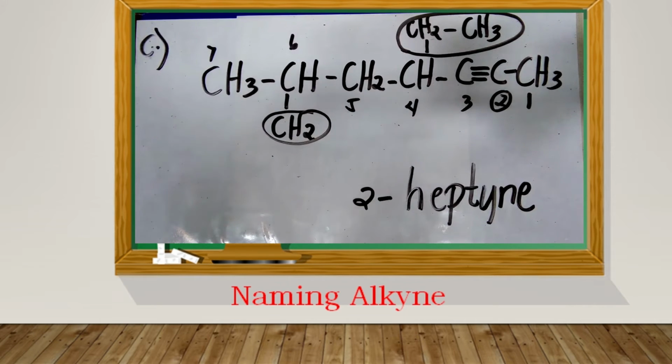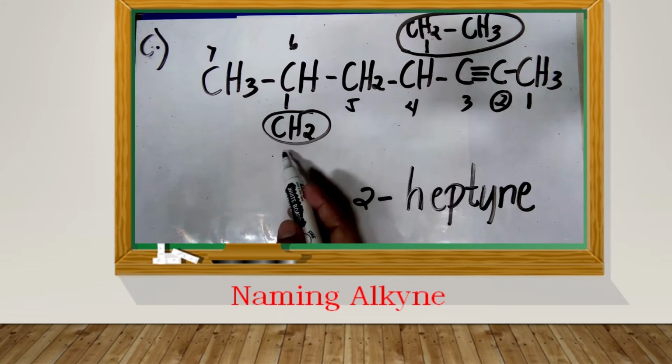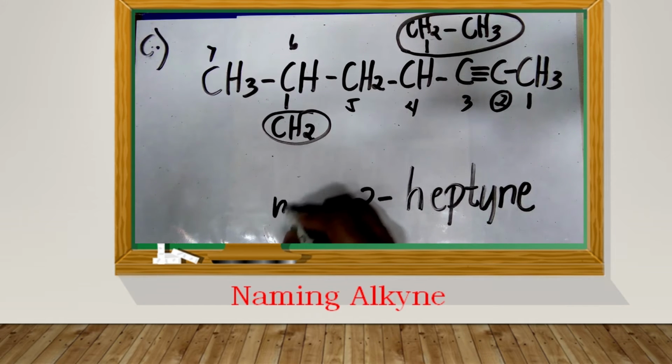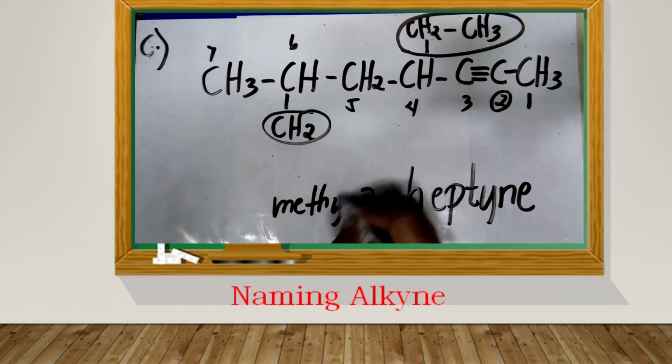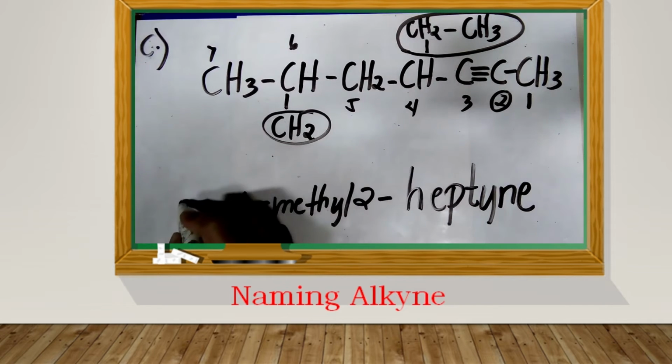Which one comes first? Again, arrange the substituents in alphabetical order. Ethyl comes first, and then methyl. So we have ethyl at carbon number 4 and methyl at carbon number 6.